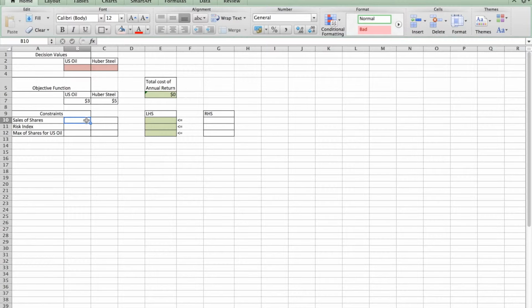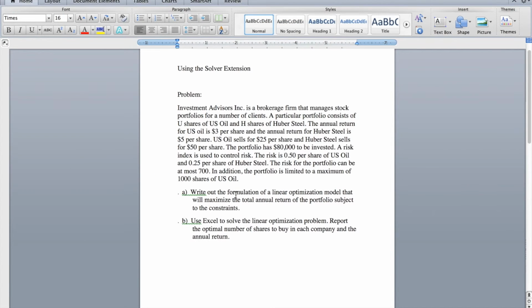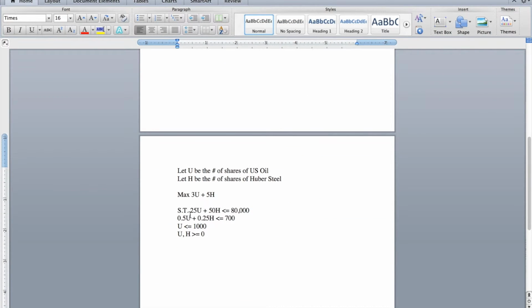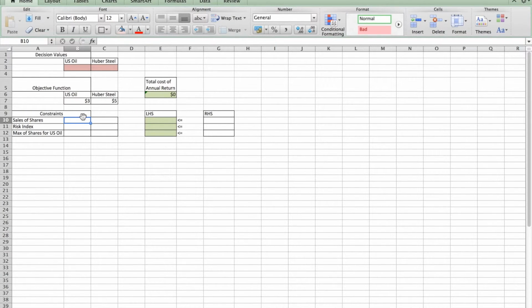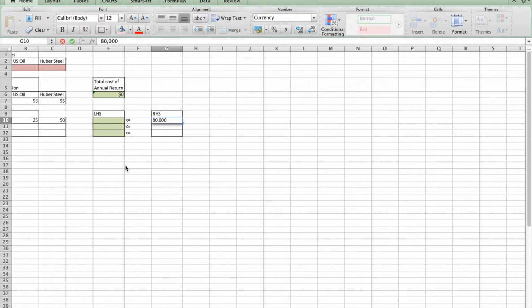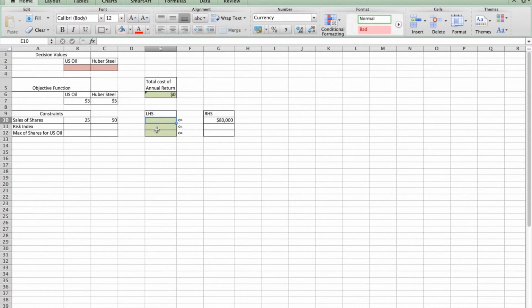Now we have the constraints over here, as you remember from here. So our first constraint is 25U plus 50H is less than or equal to 80,000. So 25, 50, and we're actually going to put our constraint or a maximum right here because this area is actually going to be where our number is going to be.